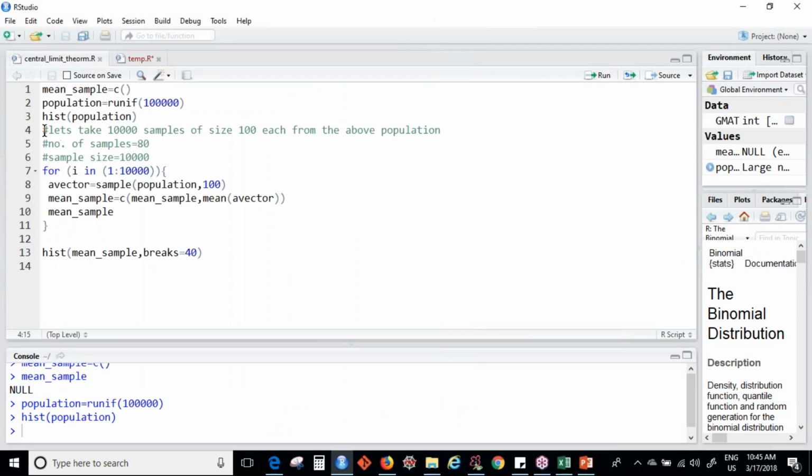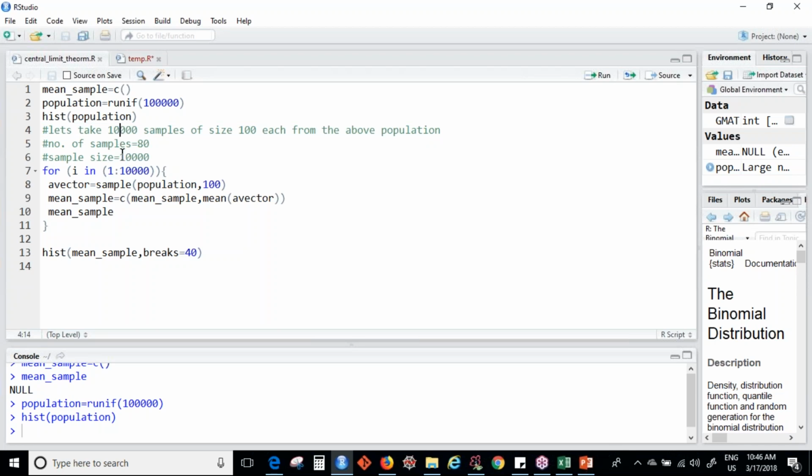Now let's take 10,000 samples of size 100 from the above population. As the central limit theorem says, you have to take multiple samples, and you just have to make sure that the sample size is greater than 30.